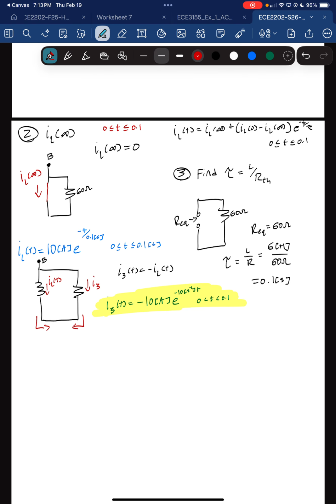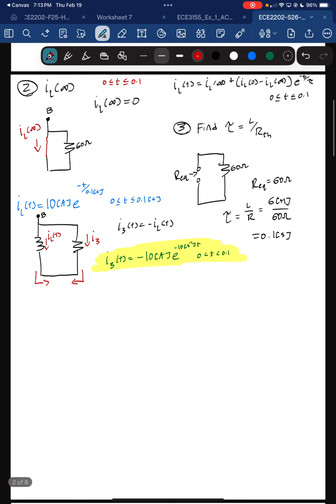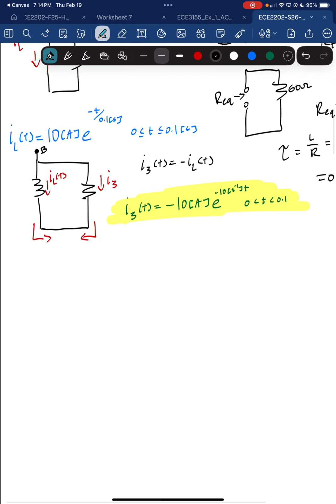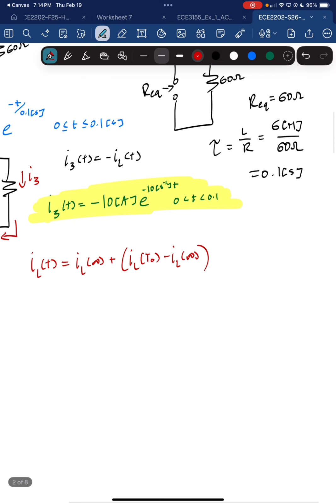So, yeah, okay. Now, this is where you start getting into circuits 2 territory, right, with the next step that's involved. So first, let me digress a little bit. Do you remember on your formula sheet for inductors specifically, you're given this equation, e to the negative t minus t naught over tau. Remember this equation?